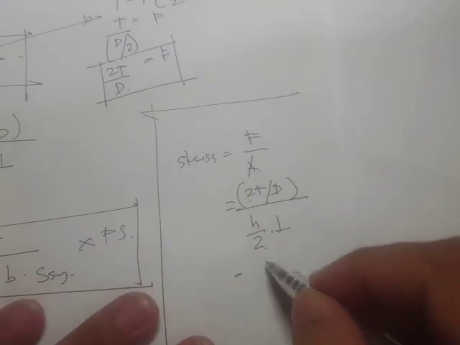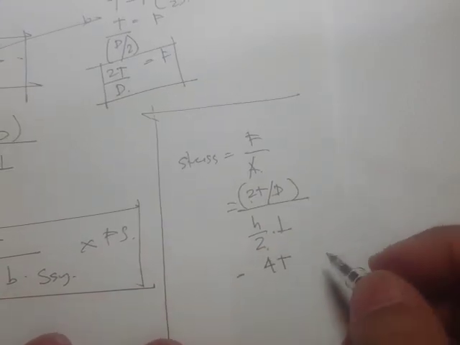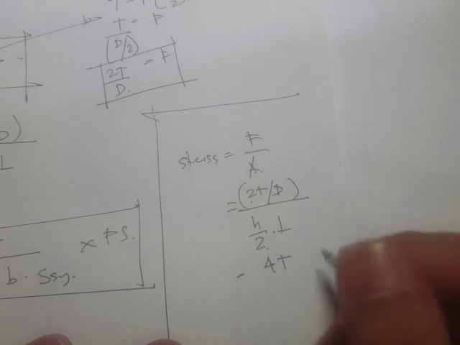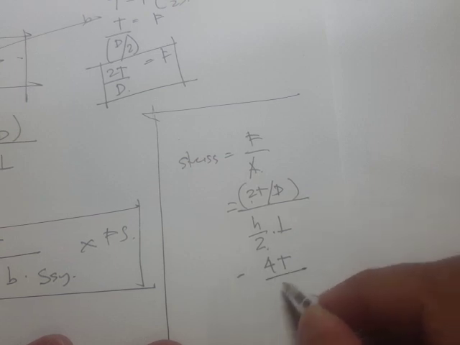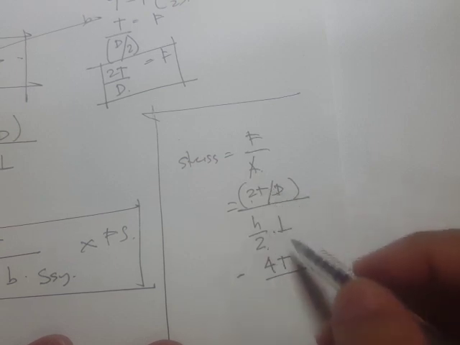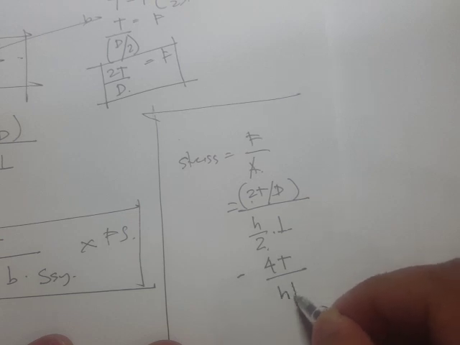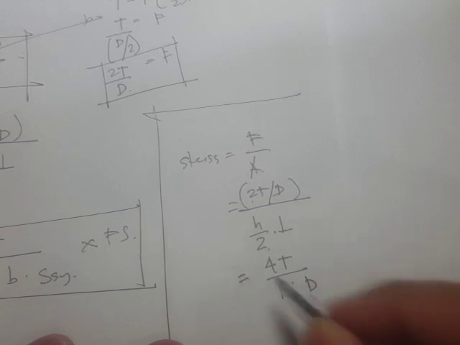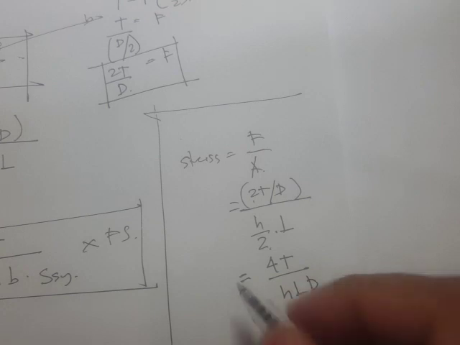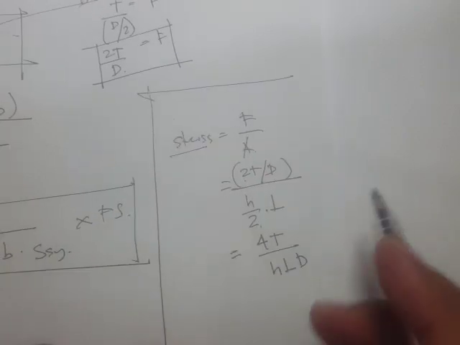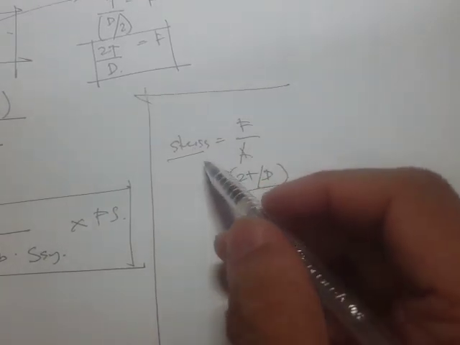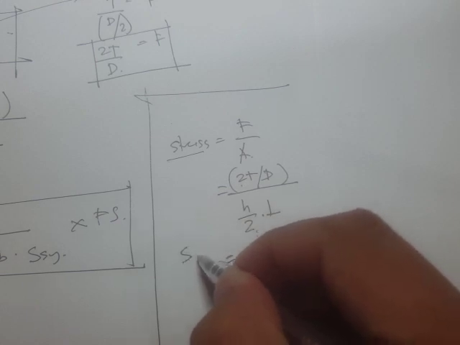So we get 4T all over hLd, and here's our stress. Since we want the compressive strength, this is just S yield strength in compression.